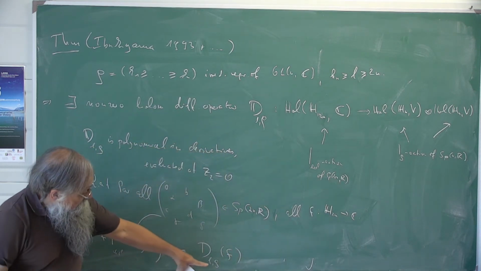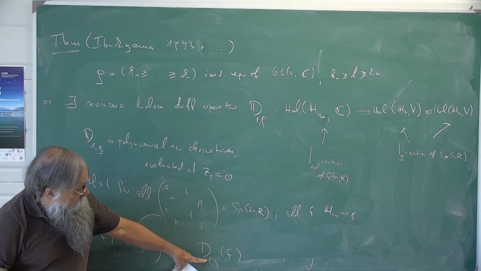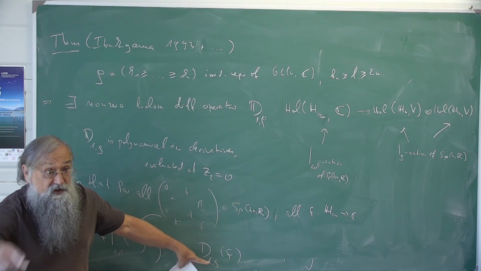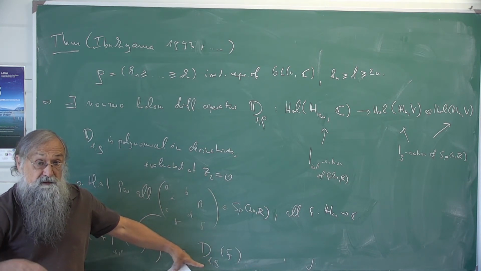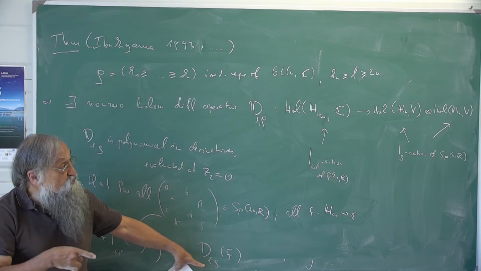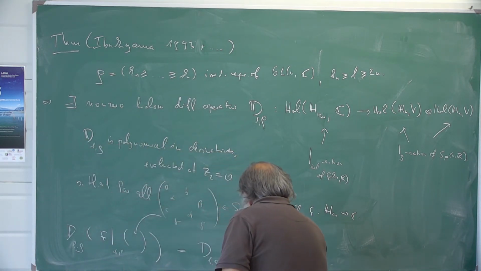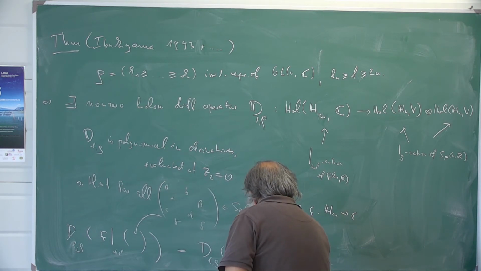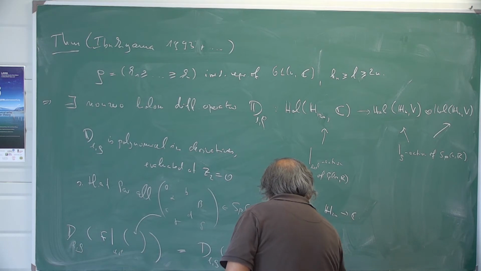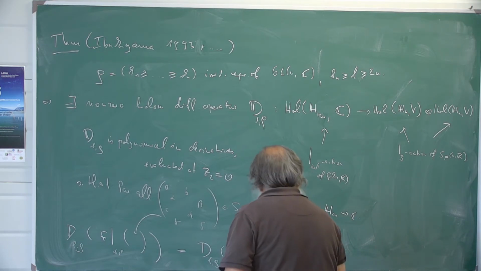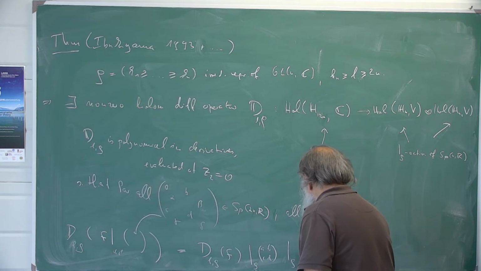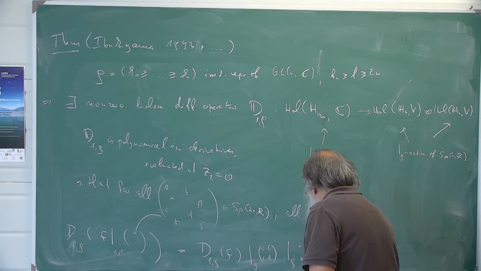Now this is a function on Hn cross Hn, because we have restricted to Z2 equal to 0. And now I take the slash action of (a, b, c, d) and take the slash rho action of (alpha, beta, gamma, delta).